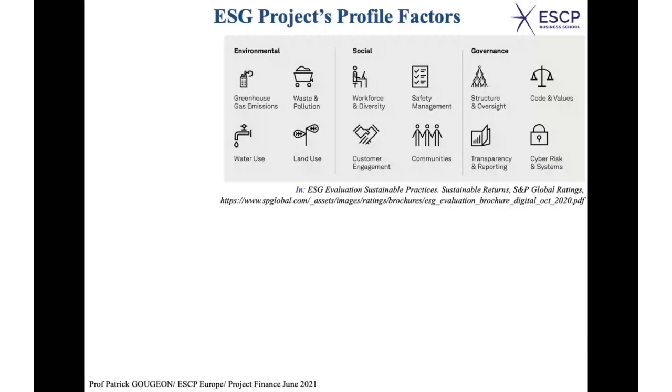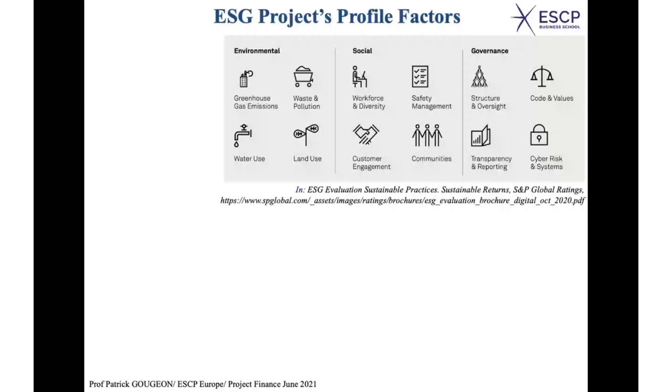Governance has more to do with investors, who want to know not only about the expected profitability, but are also concerned with the codes and values of the company, if they value sustainability and social impact. Transparency is key for them. They want to make sure they know the whole truth and are well informed about what the company is doing. So these are the main components of a socio-economic analysis of the impact of a project.